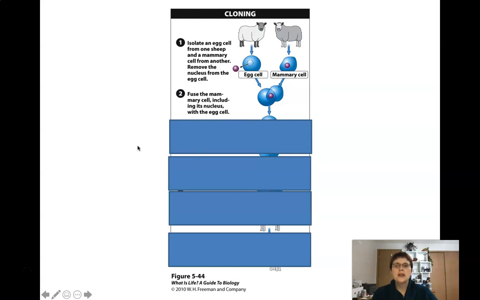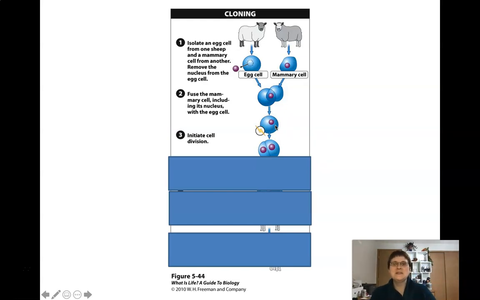So we're going to take these 2 cells and fuse them together. We're going to fuse this mammary cell's nucleus especially, but we're going to fuse the 2 cells together. We're going to inject the mammary cell into the egg cell. Then we're going to give it a little electrical zap.